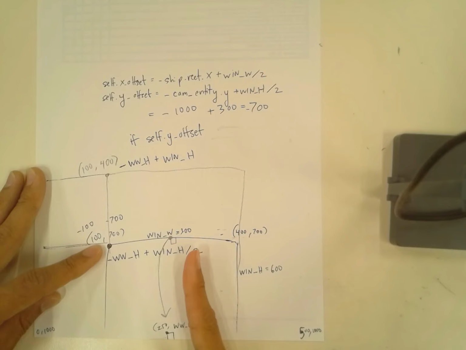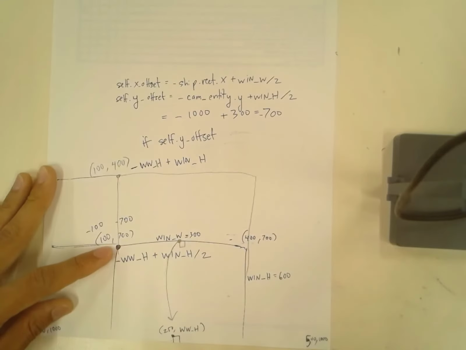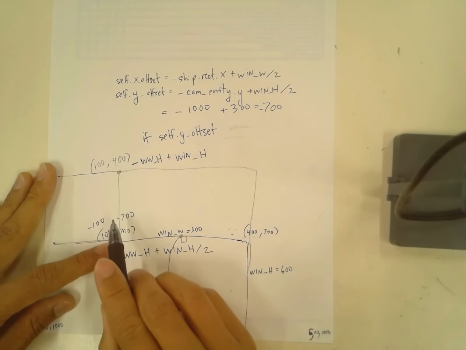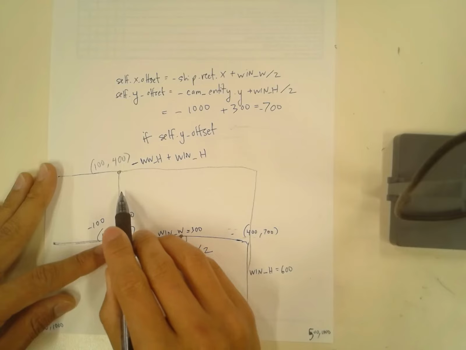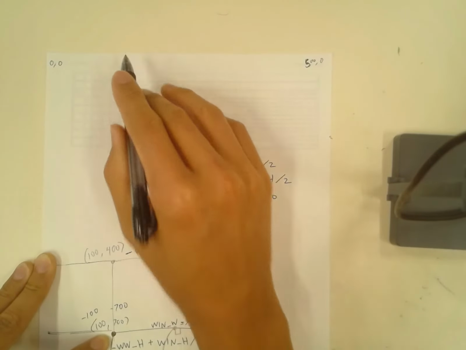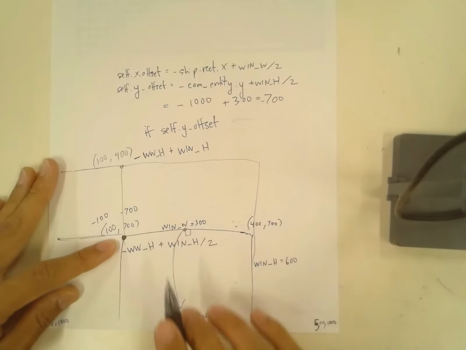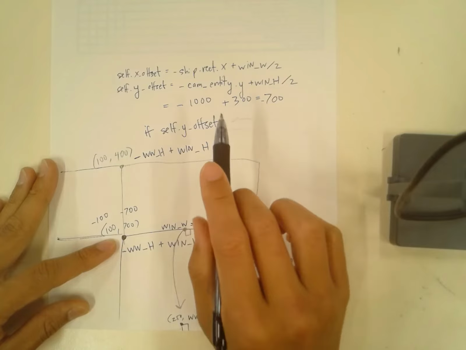The ship moves upward and his y offset increases until it gets to 0 at the top of the screen. So we have negative 700, it moves up, negative 600, negative 500, negative 400, and so on until we get to the top of the screen where the offset would be equal to 0. So it is increasing as we move up.